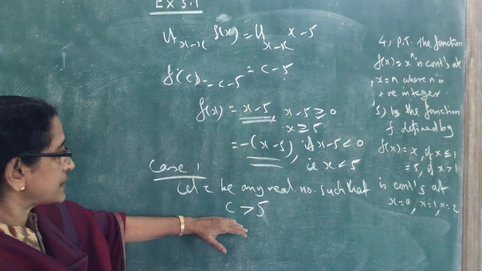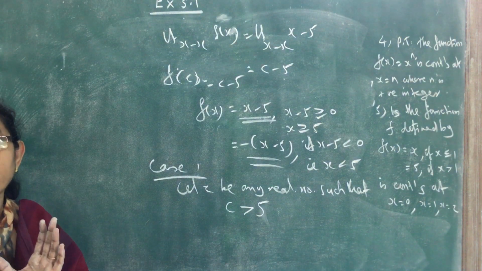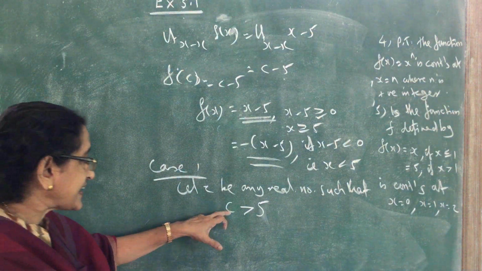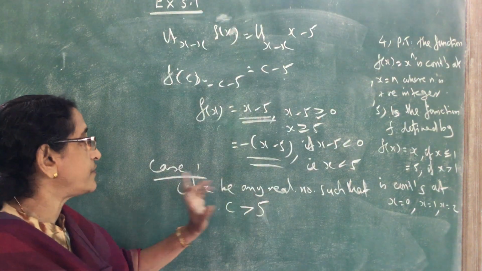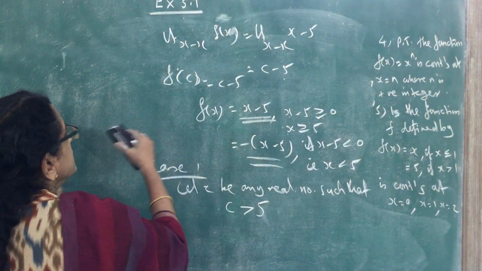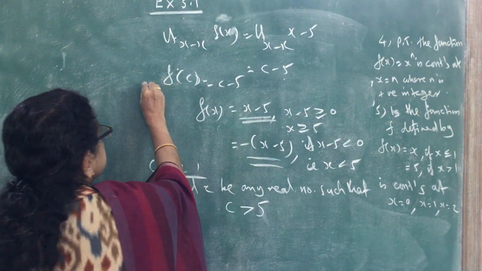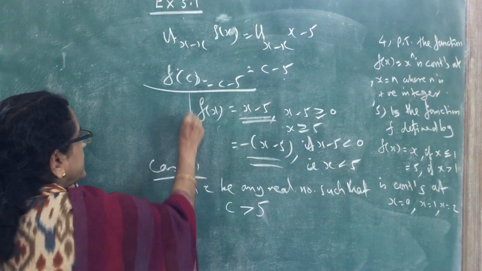So from that we can conclude that f is continuous for all real numbers greater than 5. Similarly, we have to consider c less than 5. After this step you have to write, therefore limit, so this is the definition.